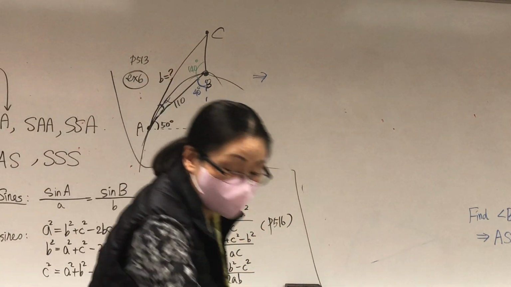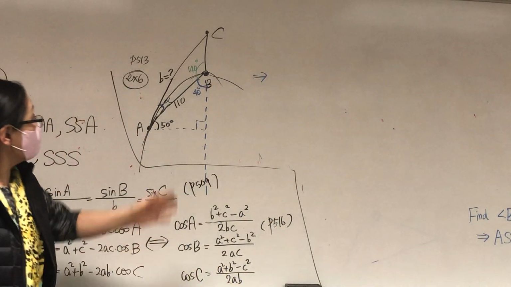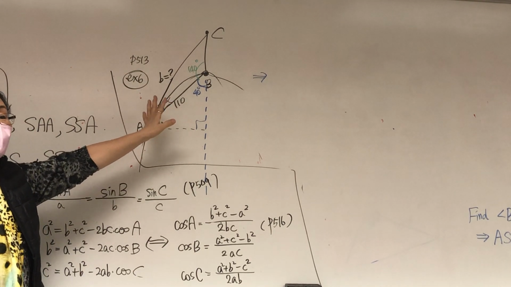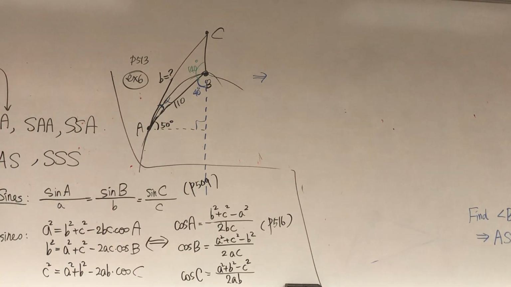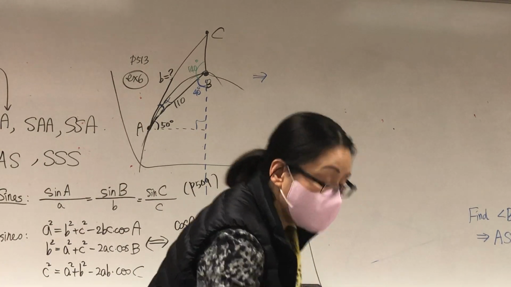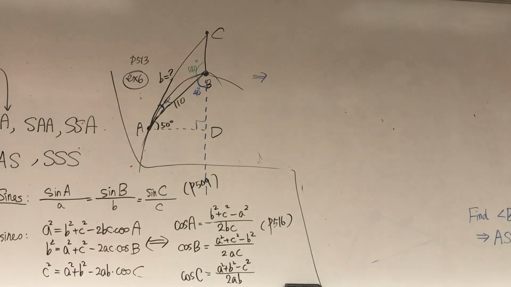What do I know now? 40. Let's say this is D. Why did I make a D?